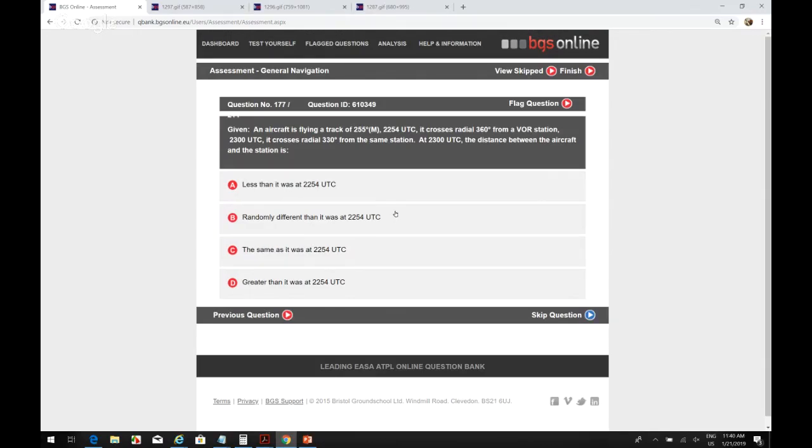An aircraft is flying a track of 255 magnetic at 2254 UTC. It crosses radial 360 from a VOR station.